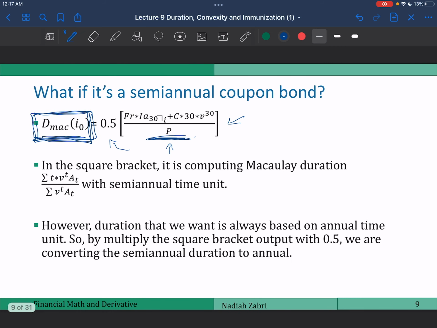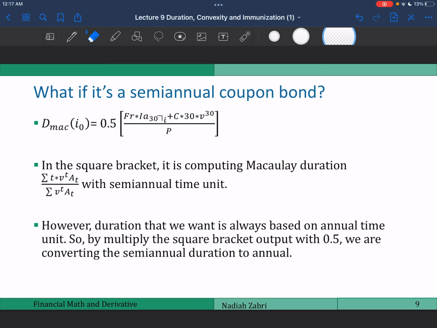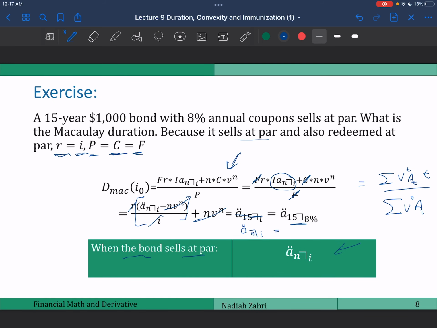What if the problem involves a semi-annual coupon bond? So for a semi-annual coupon bond, you can just find the duration using the method below, before this as well.